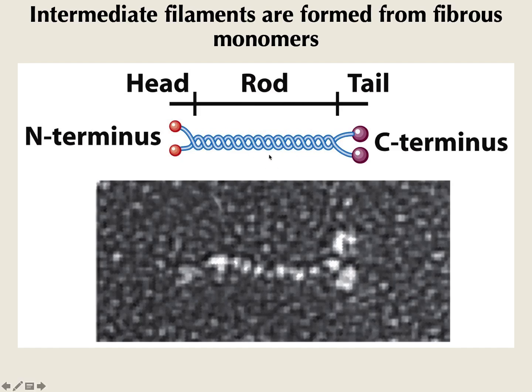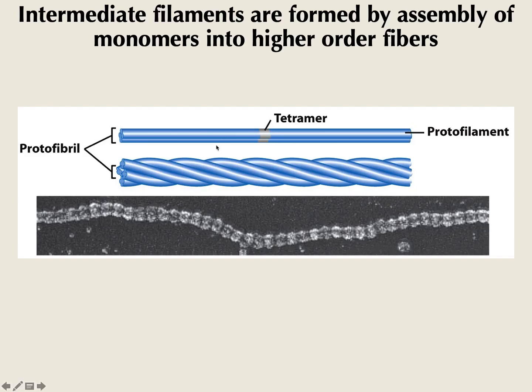But then, more importantly, this rod domain here is providing the tensile resistance, okay? And now that's more like a dimer at this point. But then those can further polymerize and create higher order fibers. So that's what's shown here, again with electron microscopy.